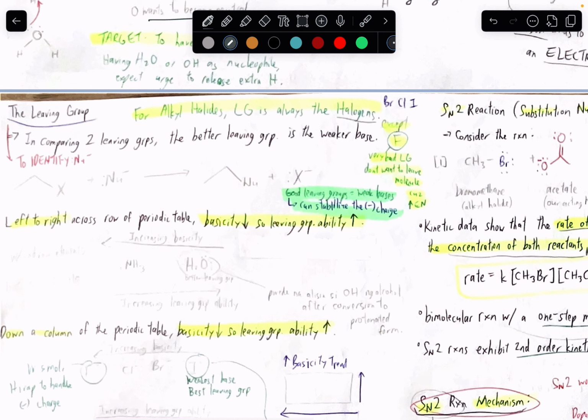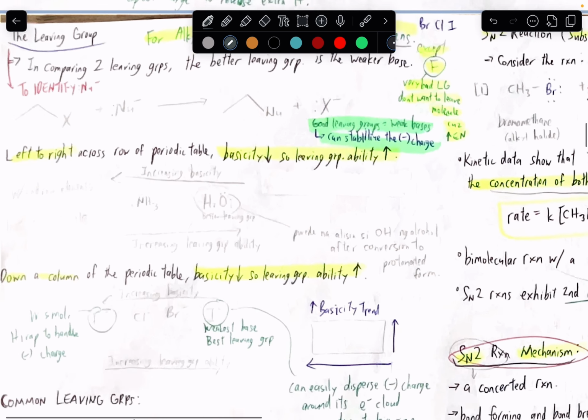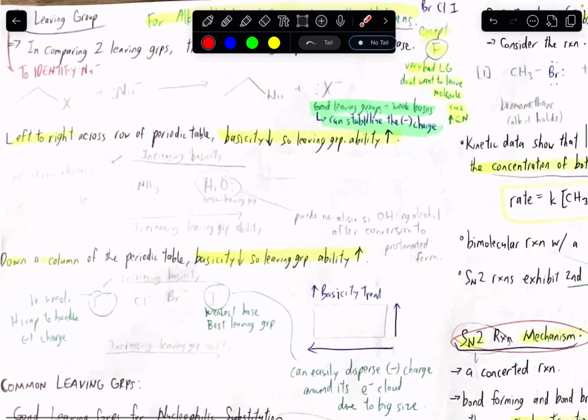So, okay, this is a trend that you have to know. From left to right across the row of the periodic table, basicity decreases, so leaving group ability increases. Again, when the base is weak, it is considered a good leaving group. So, yeah, compare water and NH3.